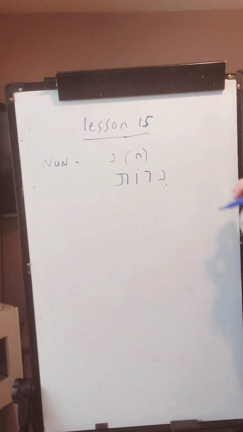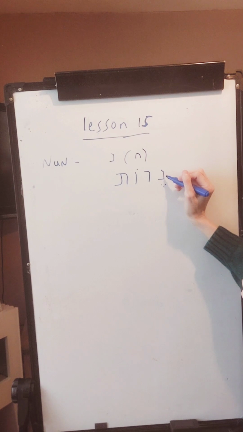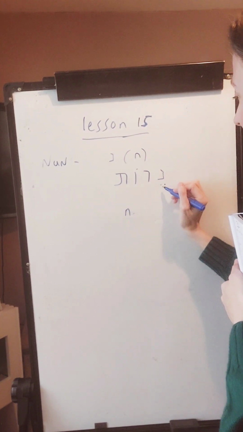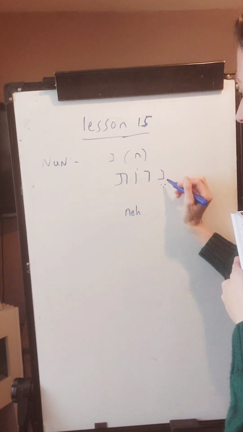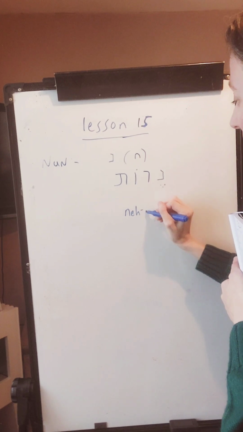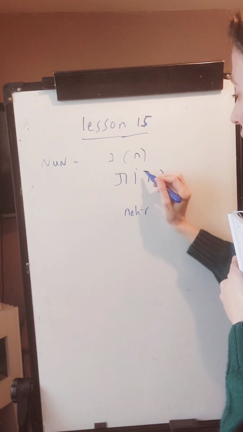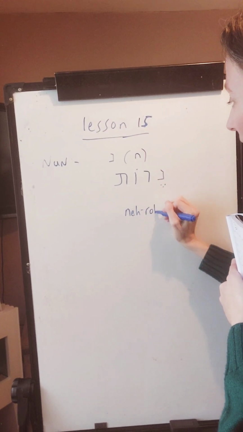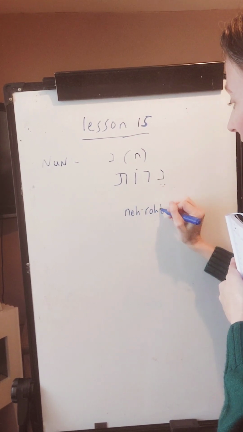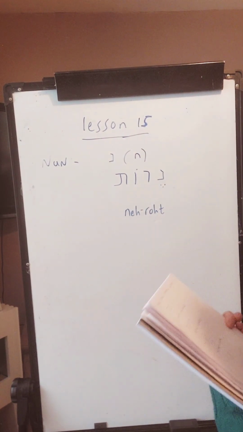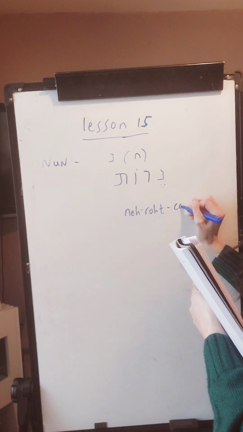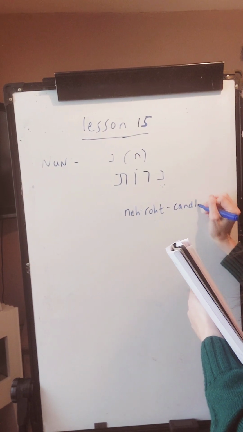Okay, so this word is the N, sound of the vowel, then you go on to the next Hebrew letter, which is the Resh, the O vowel, and Tav at the end, T, Nerot, which means candles.